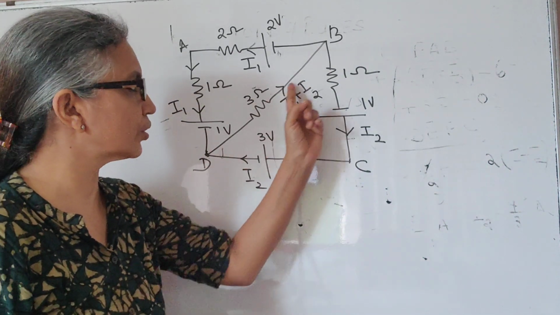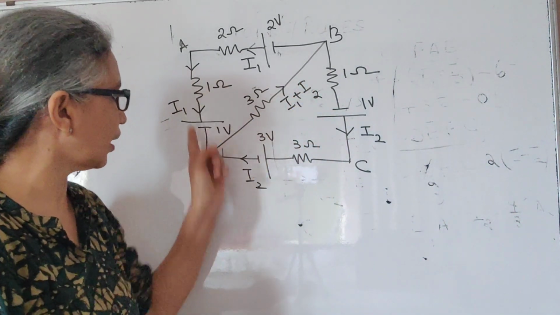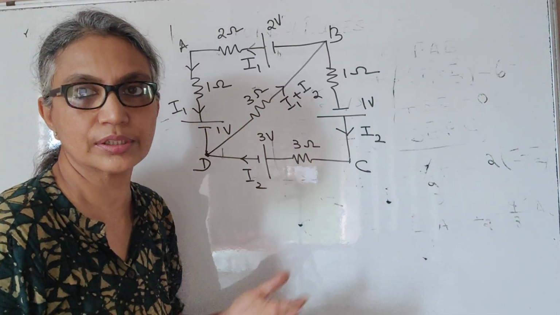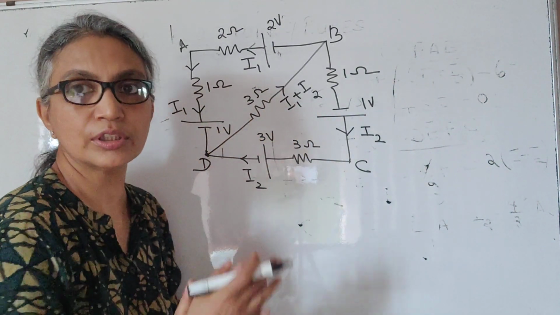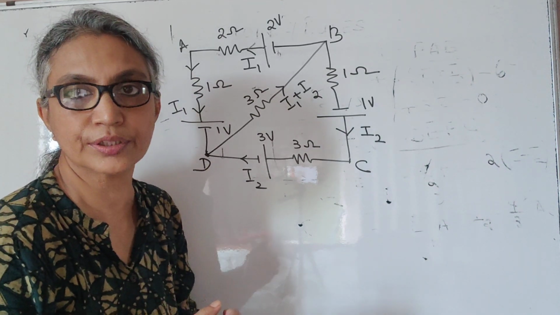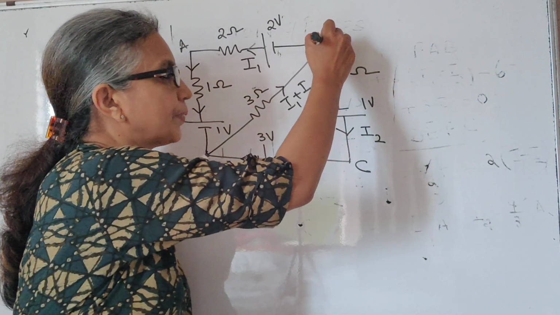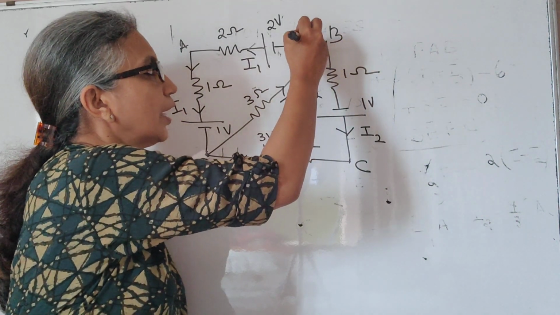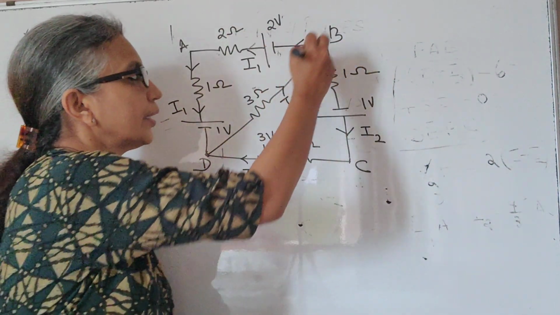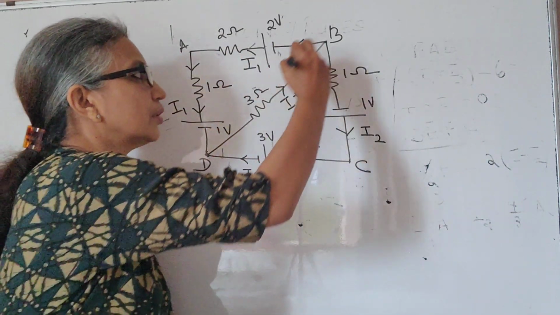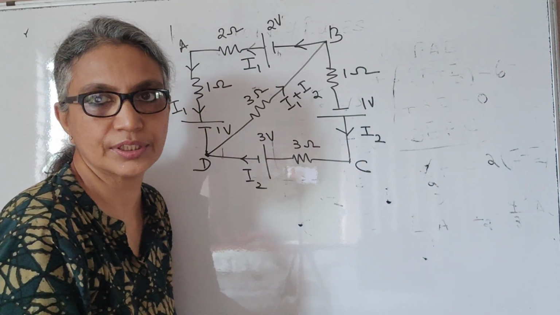That is why, instead of using I3 here, I took it as I1 plus I2. So I have only 2 variables and I need only 2 equations to solve for I1 and I2. So I1 and I2 together flow as I1 plus I2 in this branch.